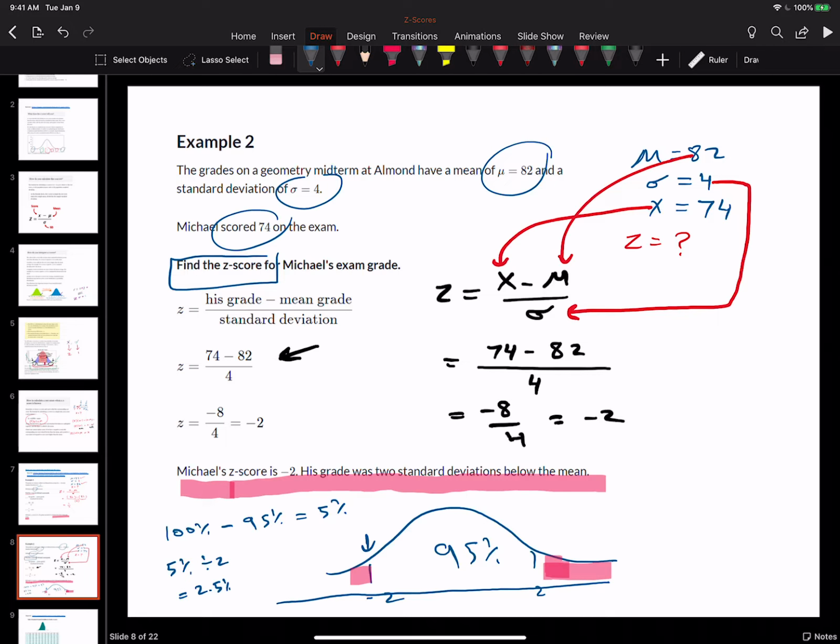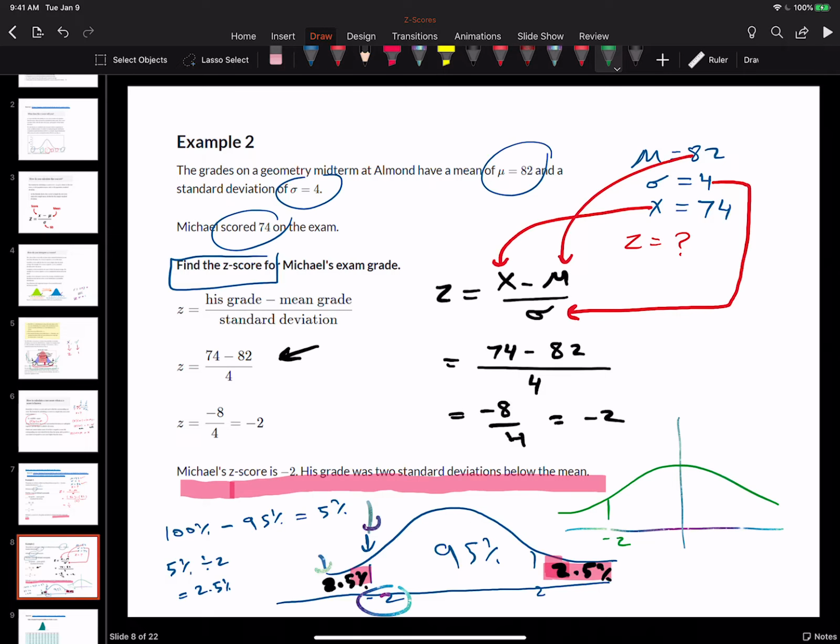This is 2.5%, and this is 2.5%. So Michael is right here. He is holding only 2.5% below him. Another way to look at it: we are looking at him at negative 2.